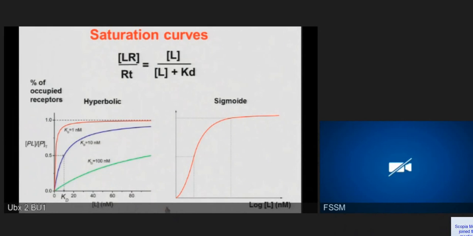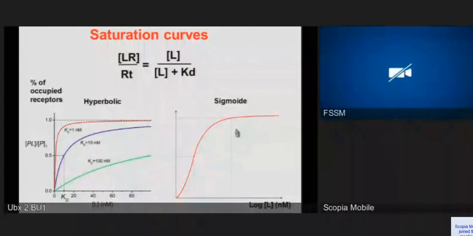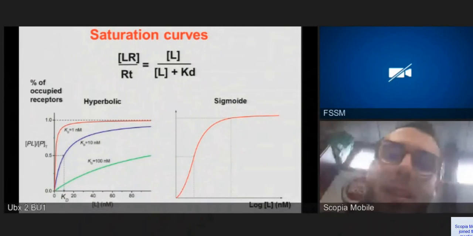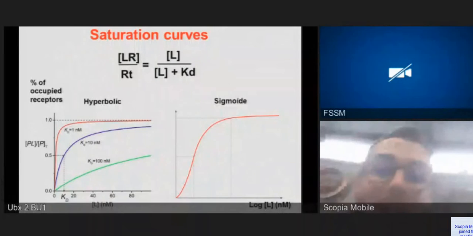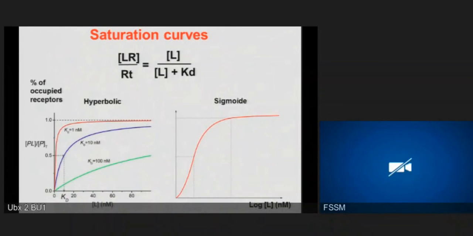And then the sigmoid allows to limit the scale for the x-axis.